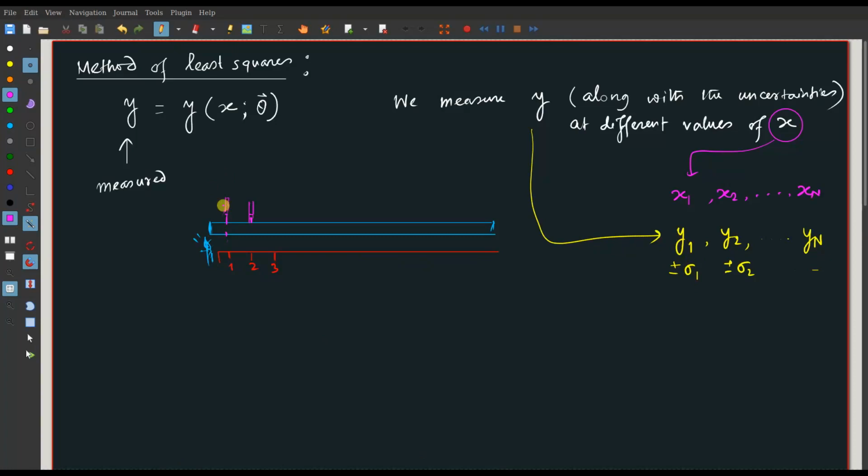And how do you take these measurements? You repeat this experiment a number of times, and at each point you take the average of those temperatures, okay, and then you also get the sigma 1, sigma 2 as well. So you do a number of measurements at this point, a number of measurements at this point, and this y1 basically reflects the average of those measurements.